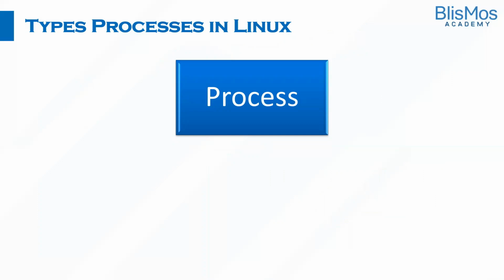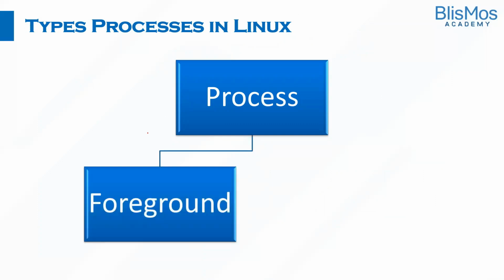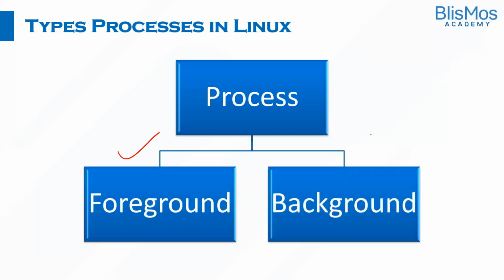Let us look at one of the ways of classifying the processes in Linux. Processes can be foreground processes and background processes. What exactly is a foreground process? Foreground processes run on the screen, and as a screen, we are talking about a terminal, for instance.